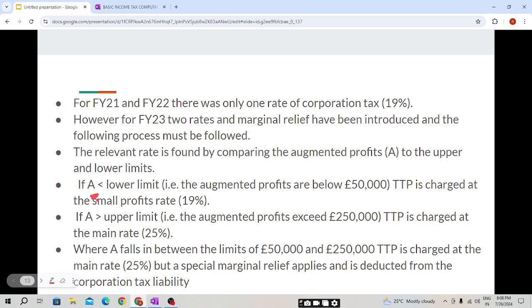If the augmented profits are below the lower limit of 50,000, then TTP is charged at the small rate, that is 19%. If the augmented profit exceeds 250,000, it will be paid at the main rate of 25%, and if the augmented profit is within the limits of 50,000 to 250,000, it will be paid at 25% and a special marginal relief will be available.